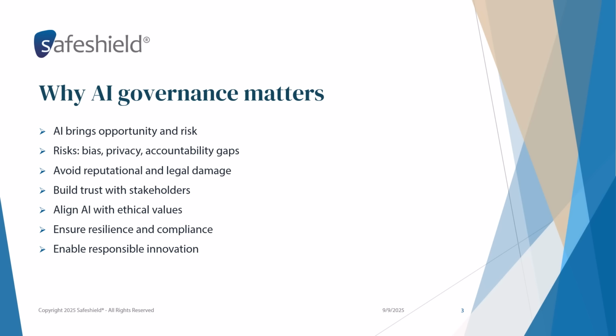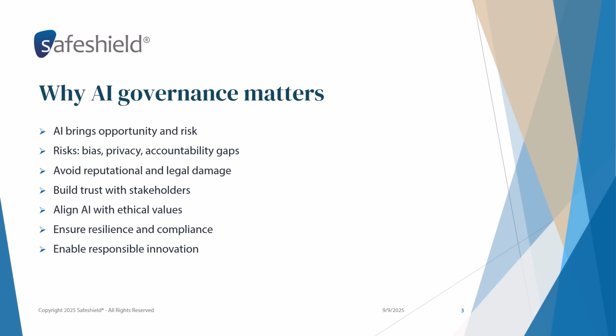The importance of AI governance stems from both the opportunities and the risks that artificial intelligence presents. On one hand, AI can drive efficiency, enable new capabilities, and create competitive advantage. On the other hand, it can also introduce significant challenges such as discrimination, lack of accountability, security vulnerabilities, and the erosion of public trust.